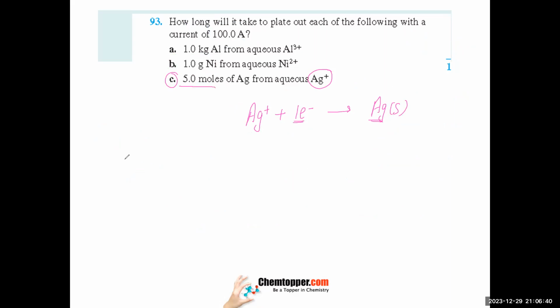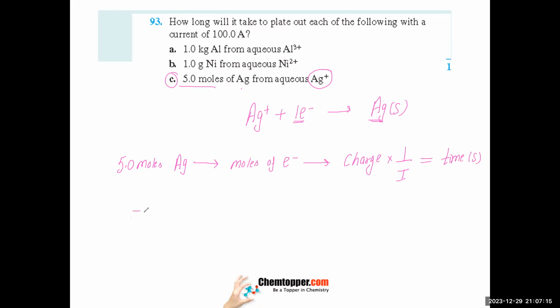They have given us 5.0 moles of Ag. You want this much moles of Ag. Then you can convert this into moles of electrons. Then you can convert this into charge. Then you can divide this charge by current. And that will give you time in seconds.